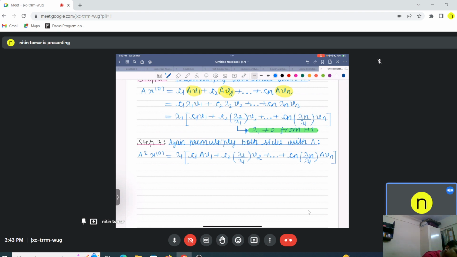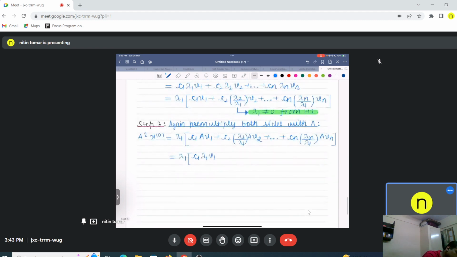I think I forgot A here. Now if you compute this, it will be C1 lambda 1 V1, then C2 lambda 2 V2, and Cn lambda n V1, again lambda n Vn.